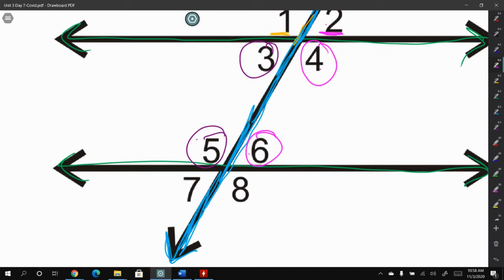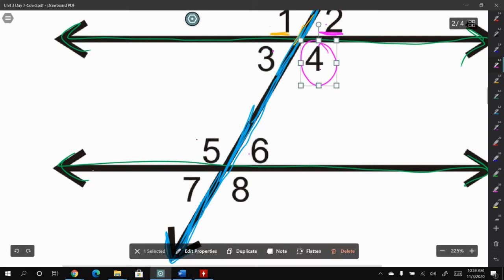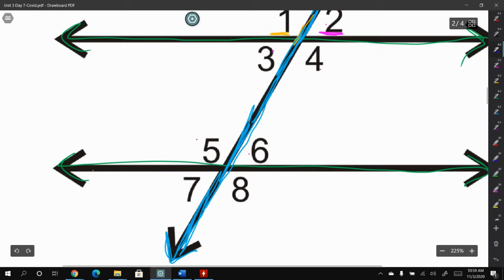And that should make sense because, let me just erase these colors here. Alternate interior angle says angles 3 and 6 are congruent, and angles 4 and 5 are congruent. Well, angles 3 and 4 form this straight line right here. So they have to add up to 180 degrees.